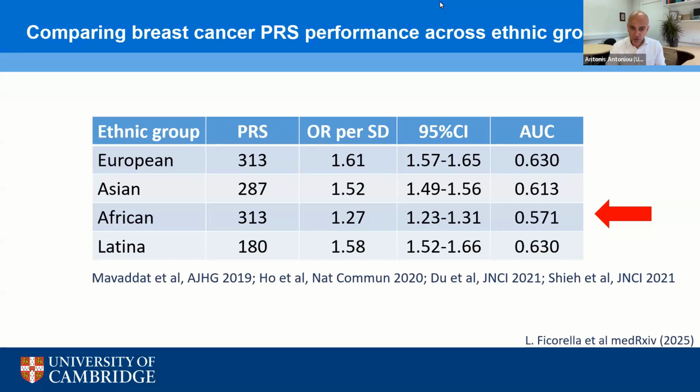But when those have been investigated in women of different ancestries, we see that they are clearly predictive of breast cancer risk as well, but with attenuated effect sizes. You can see the odds ratio, for example, among African ancestry women is around 1.27, compared to 1.61 in European ancestry women.